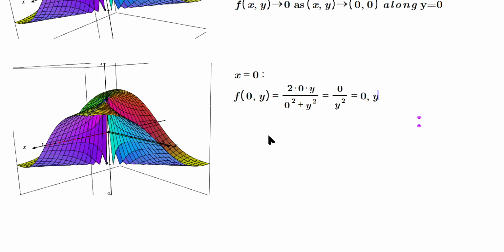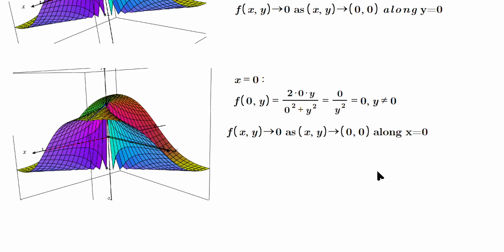Of course, this assumes y does not equal 0. So what we will say then is f of x comma y tends towards 0 as the point x comma y tends towards the origin. So again, we're moving along the y-axis. All those points are going towards the origin. So you say 0 comma 0, and then something like along x equals 0, which is in other words expressed by saying along the y-axis.